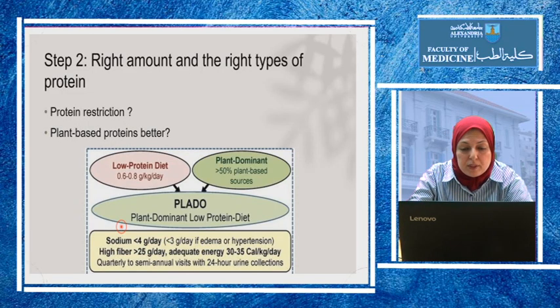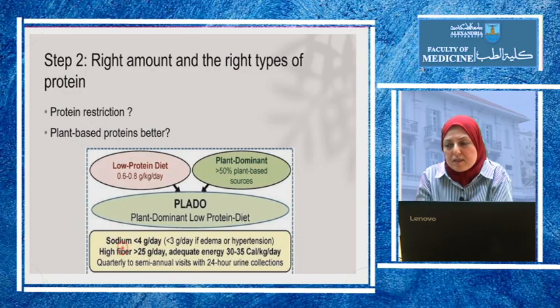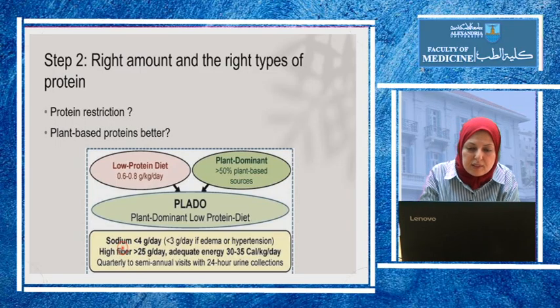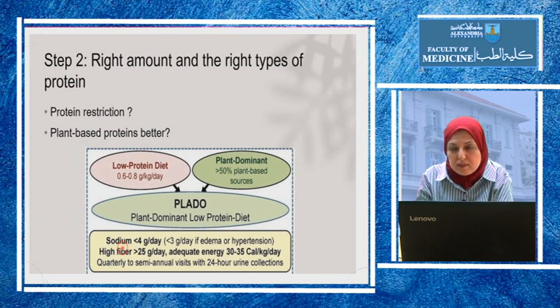Should we restrict proteins? Actually, the newer guidelines said that we should not restrict it in most patients below 0.8. And for plant-based proteins, there has been misinformation that plant proteins are incomplete proteins and that they should be avoided in patients with chronic kidney disease and hyperuricemia.